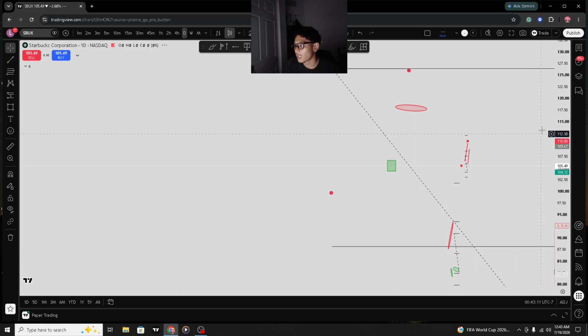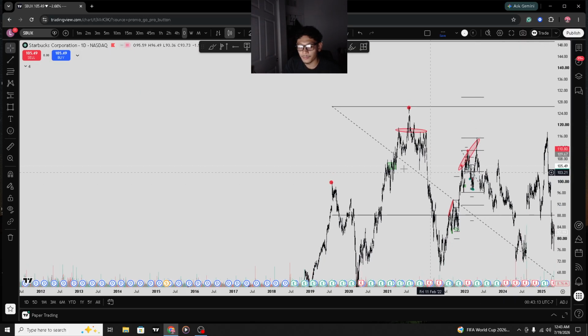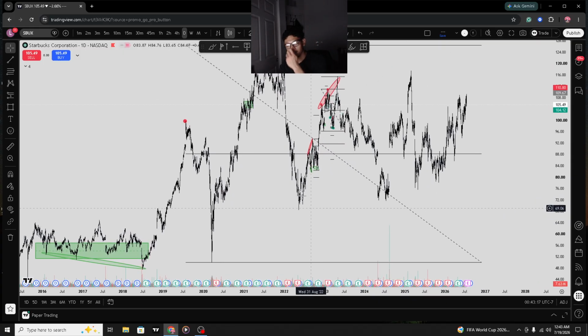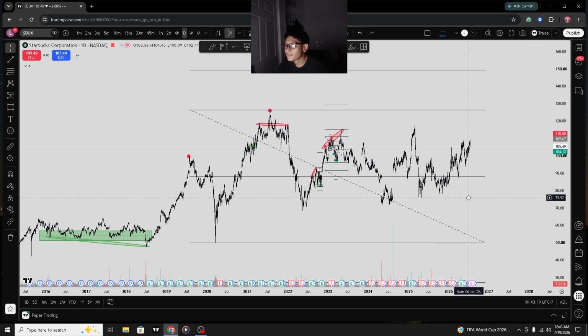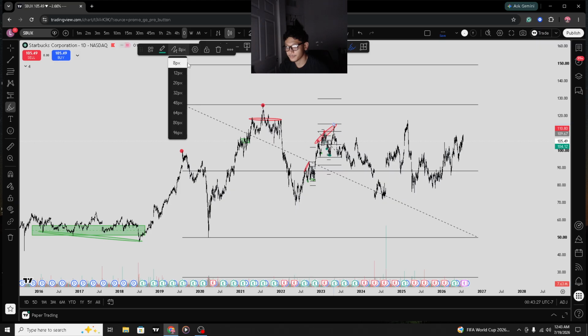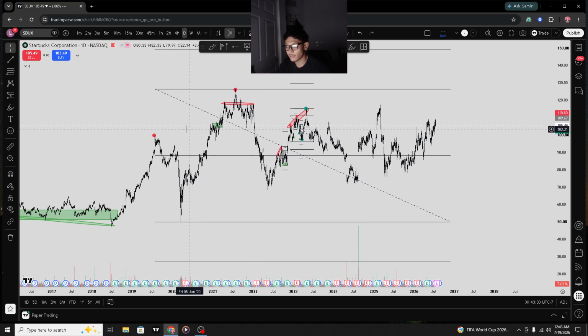Okay. Now let's go back onto the higher time frame. Looking into this, there's a couple things you could look at. This could have actually been your third tap for the super high time frame, which is your first, second, third. Oh, that's supposed to be red.